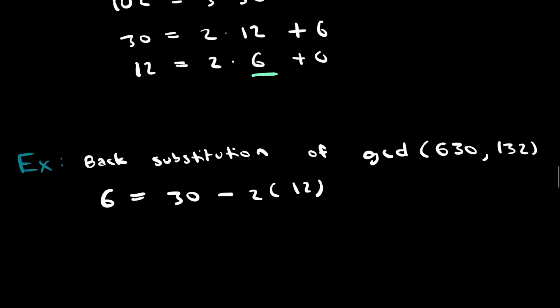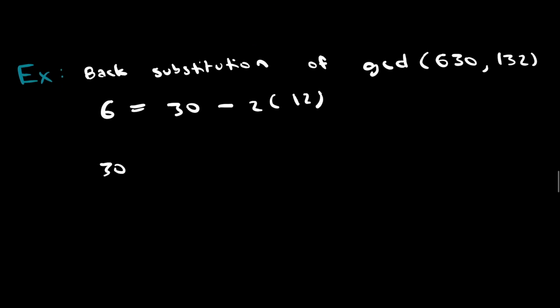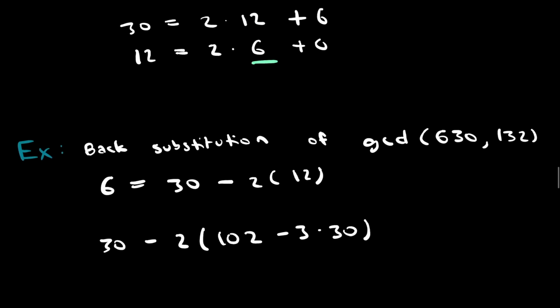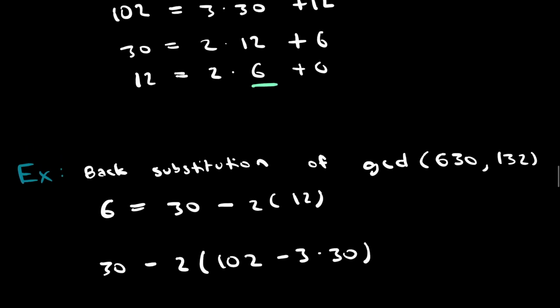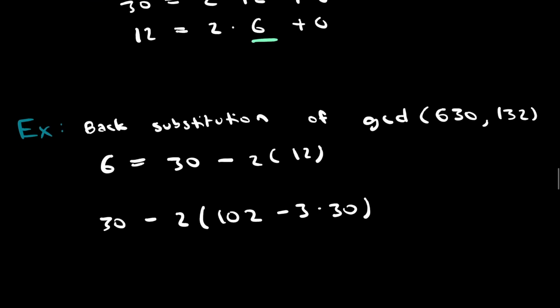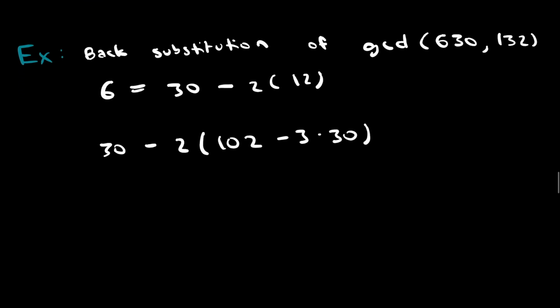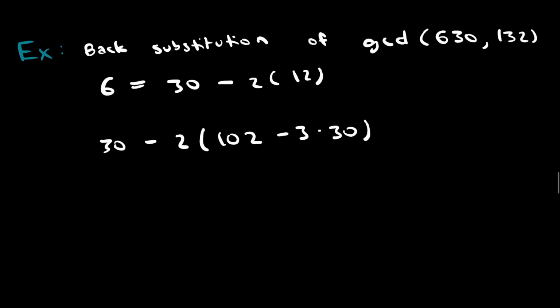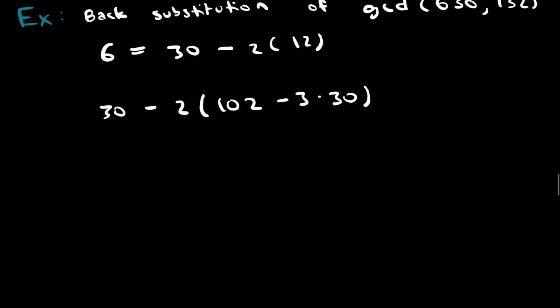Take some time to notice this: you're simply substituting the previous line's remainder for each term, and then working back up to the original numbers.